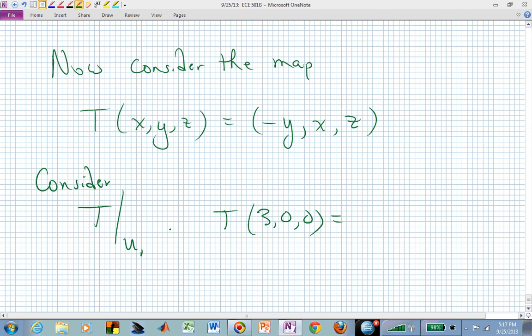What's the output of (3, 0, 0) through that linear map T? We take y, negate it and put it in x. We take x and put that in y, and we just copy down z.